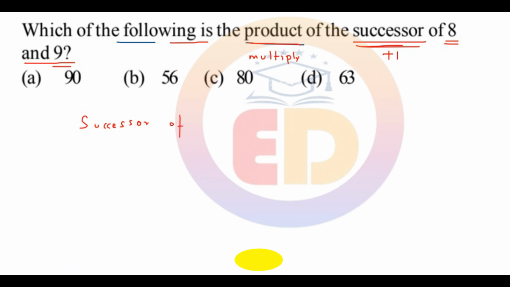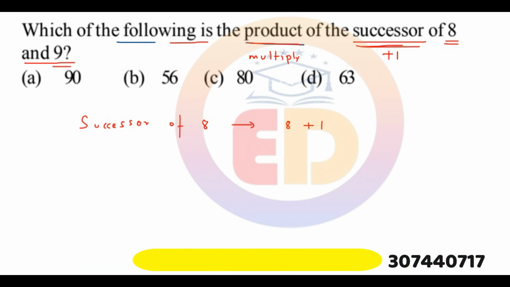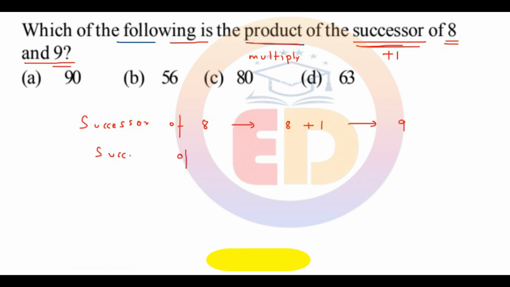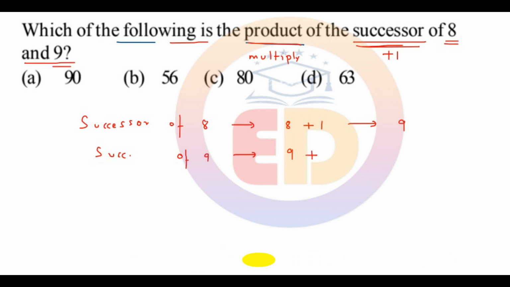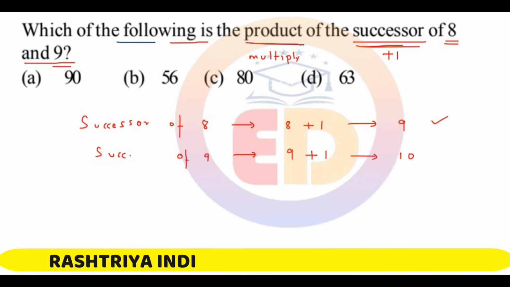of 8 will be 8 plus 1, which is 9, and successor of 9 will be 9 plus 1, which is 10. So 9 is the successor of 8, 10 is the successor of 9.